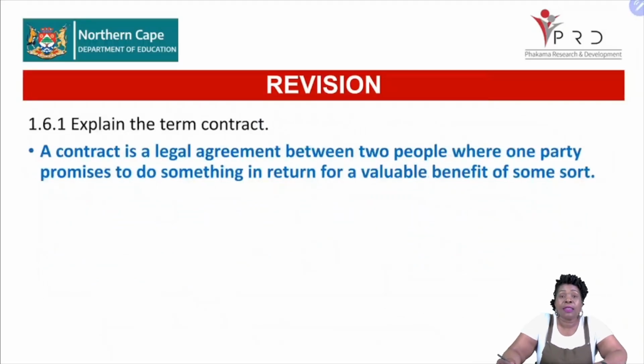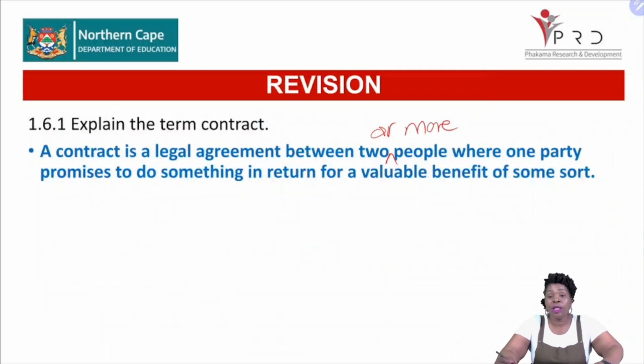1.6.1 says, explain the term contract. So a contract is the legal agreement between 2 or more people. It says only 2 people, so let's put 2 or more people. It could be 2, 3, 4 or more, right?